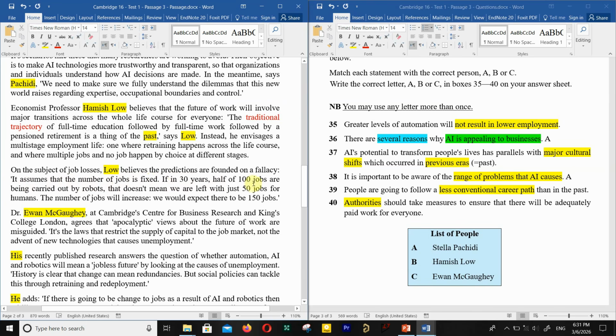If in 30 years half of 100 jobs are being carried out by robots, that doesn't mean we are left with just 50 jobs for humans. The number of jobs will increase. So this one, greater levels of automation will not result in lower employment. It's completely obvious. Let's try the obvious ones at first. Okay. And don't just go for the one vocabulary. Okay. Be careful about that.